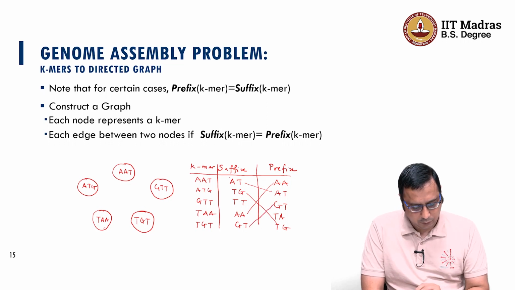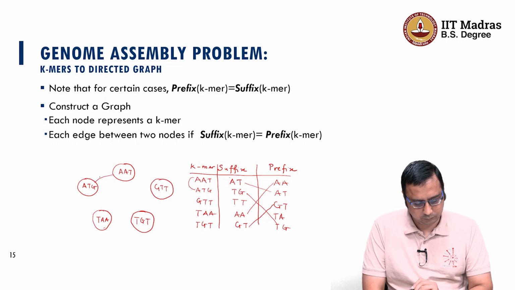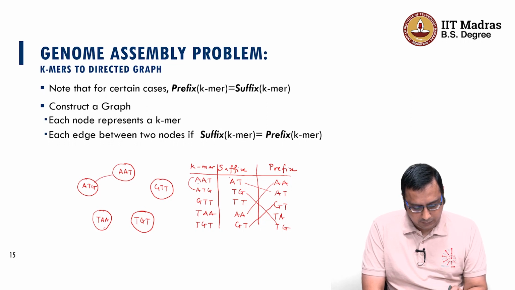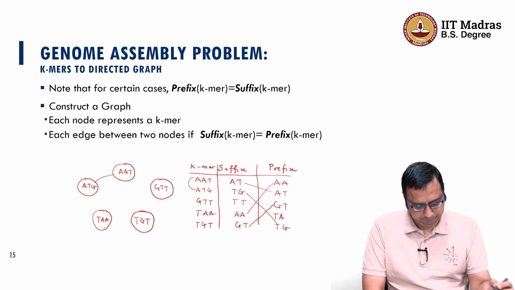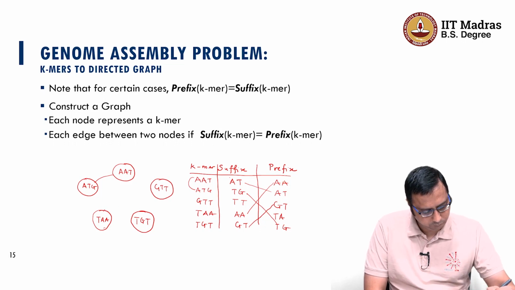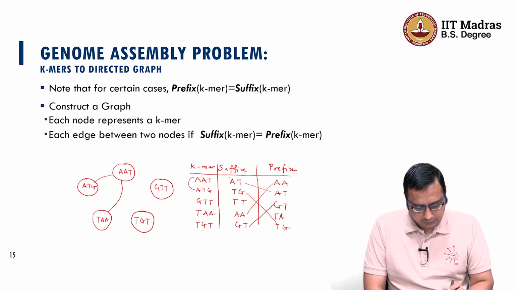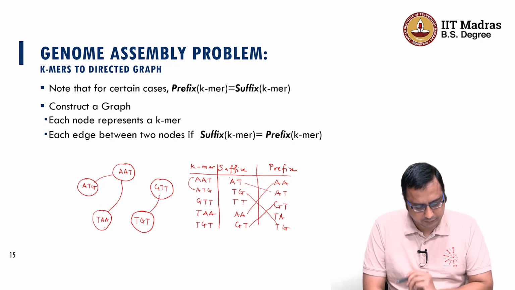So we should have an edge between AAT and ATG, so we'll add an edge. Similarly, we have an edge between TAA and AAT. You can see this one, so we'll add one edge. Similarly, we have an edge between TGT and GTT, so we'll add another edge.